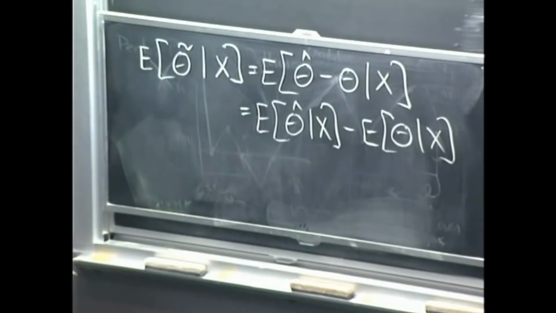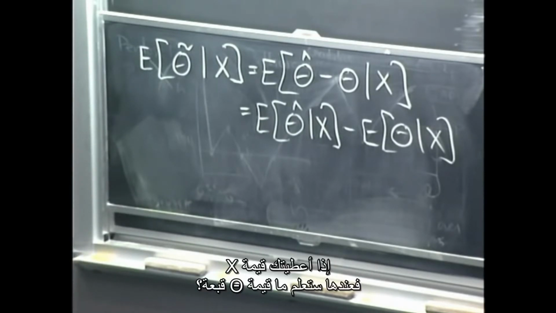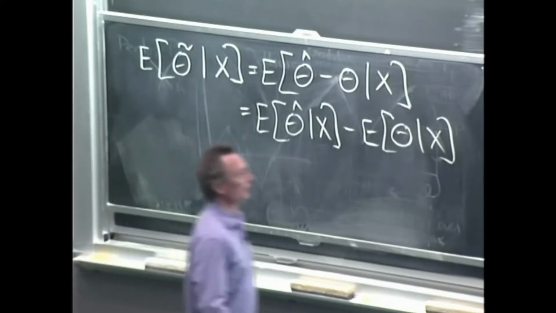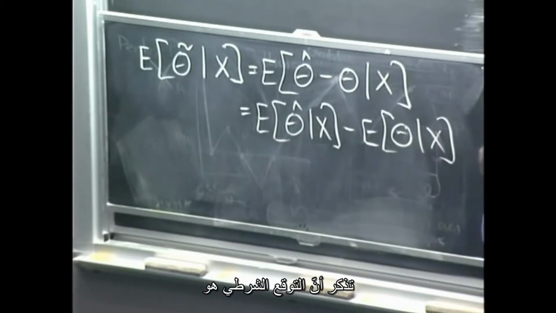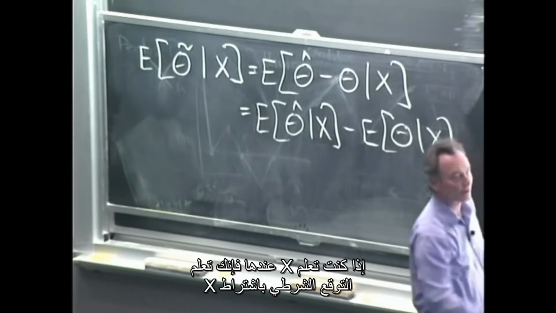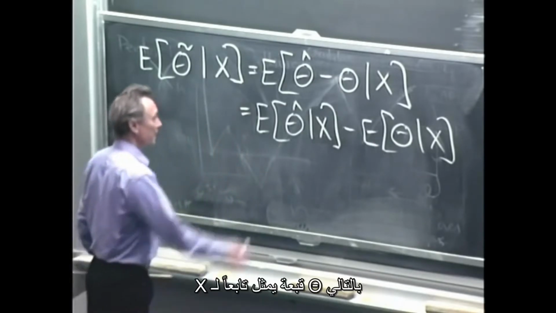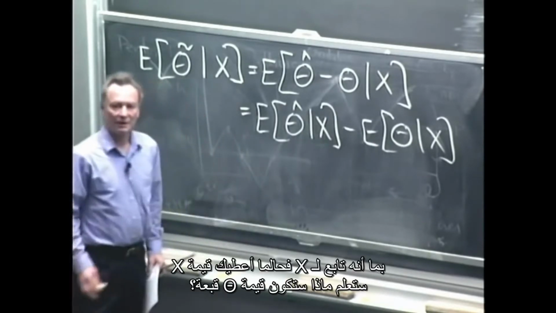And now what? Our estimate is made on the basis of the data, of the x's. If I tell you x, then you know what theta hat is. Remember that the conditional expectation is a random variable which is a function of the random variable on which you're conditioning. If you know x, then you know the conditional expectation given x. You know what theta hat is going to be. So theta hat is a function of x.